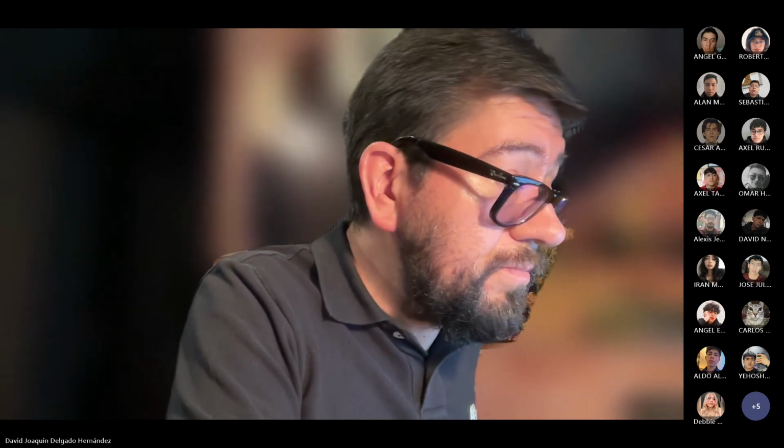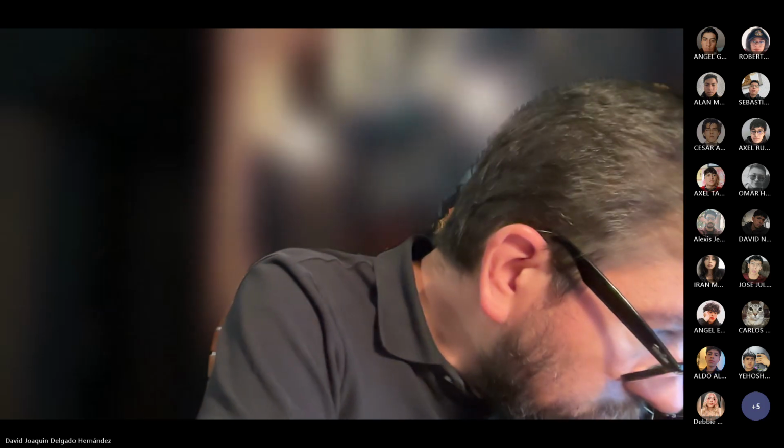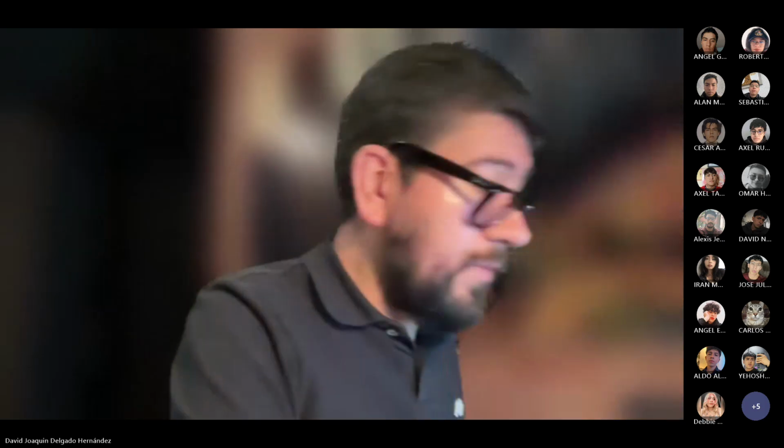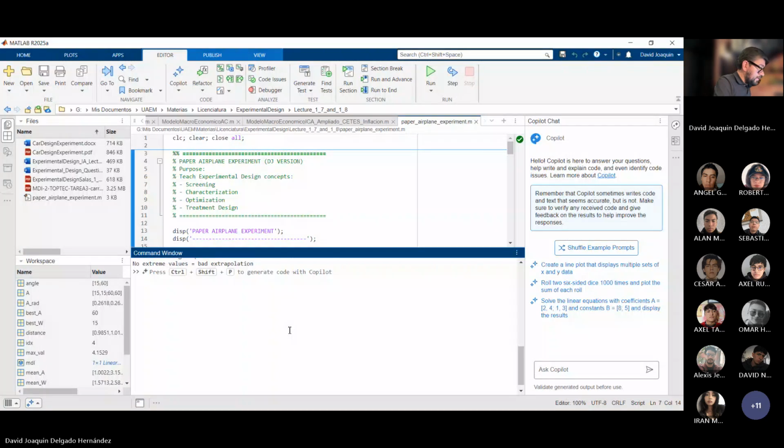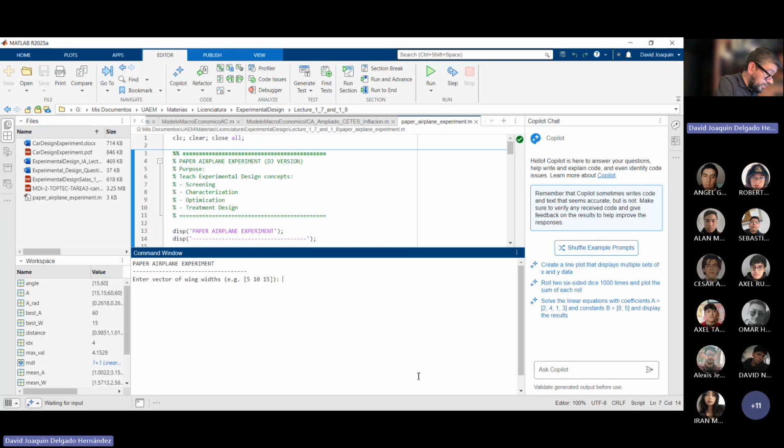So I am going to share again my MATLAB. So let us run this script again. So now imagine that I have more different wing widths. For instance, I can have 5, I can have 10, I can have 15 and 20. 4 different, okay?